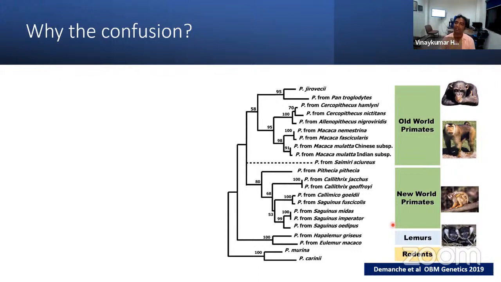And from there, there have been around 8 pneumocystis that have been properly named as per the International Botanical Nomenclature System. The rest are all named by the investigators, and they have not yet been ratified by the botanical group.